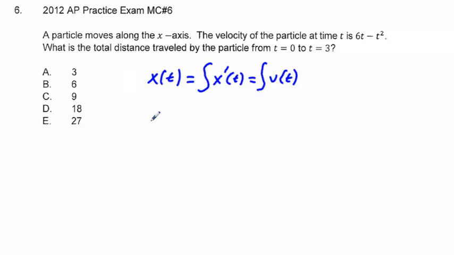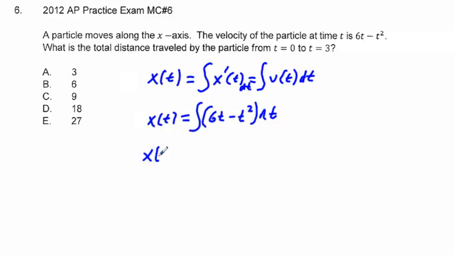So x of t is going to be the integral of 6t minus t squared dt. And I should have put dt up here, right? x prime of t dt.